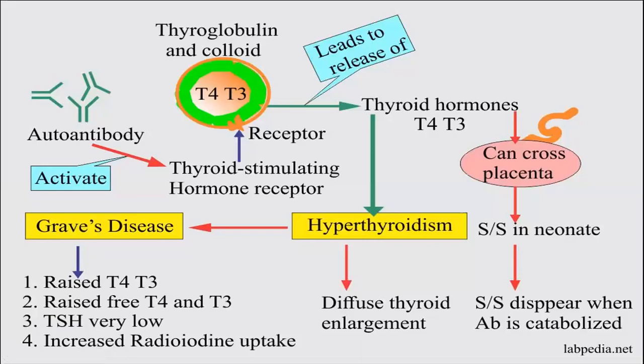Now, in Graves' disease, this is what happens. I mentioned already that Graves' disease is due to the presence of autoantibodies that stimulate the glandular function, resulting in hyperthyroidism. There are autoantibodies against the TSH receptors.